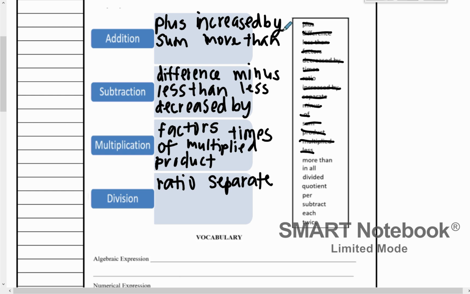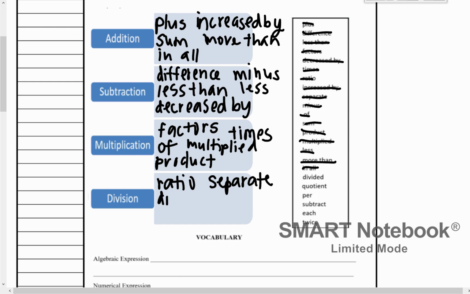We'd add them together. In all is usually talking about another way of sum. So we do have to be tricky with those words because sometimes it's just asking us for the answer as opposed to an addition answer. But a lot of the times when it says in all, it's going to be talking about adding.